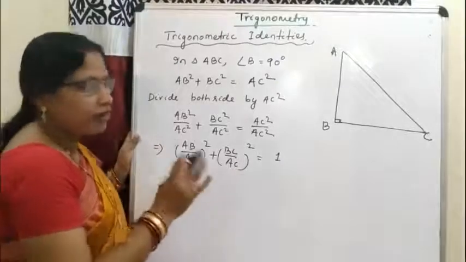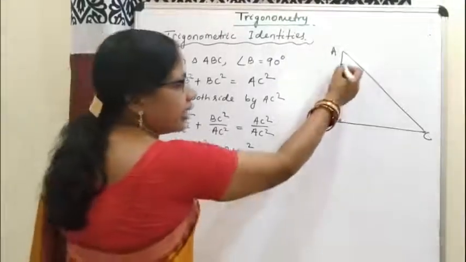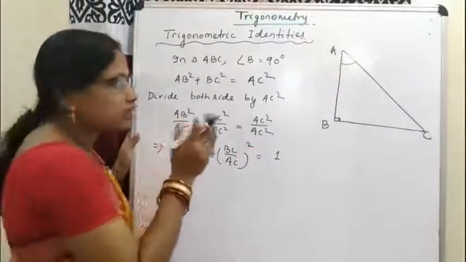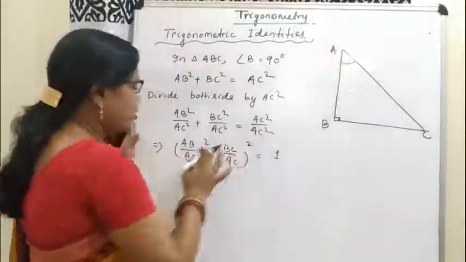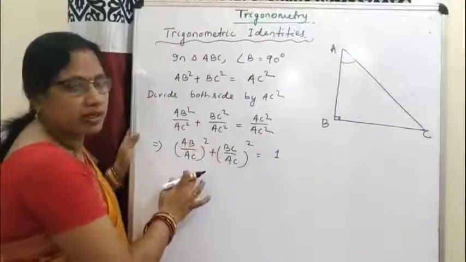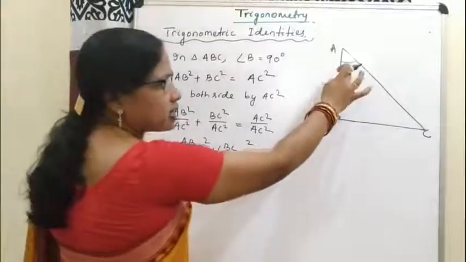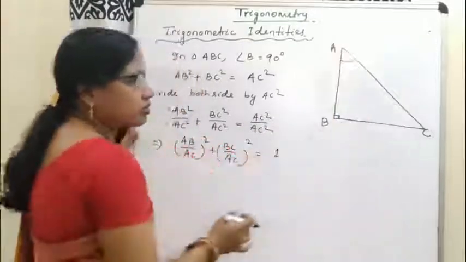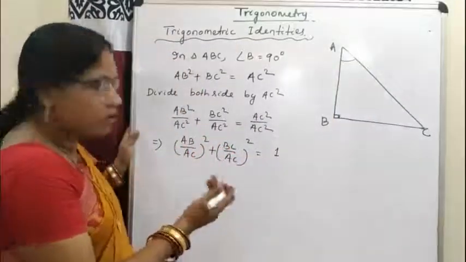Now if I consider angle A, which trigonometric ratio of angle A will be AB by AC? AB is the adjacent side of A and AC is the hypotenuse. So that ratio is cos A.